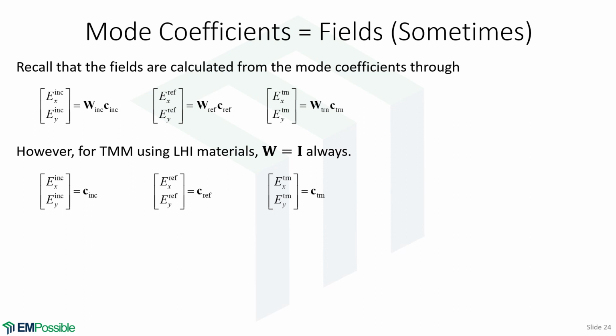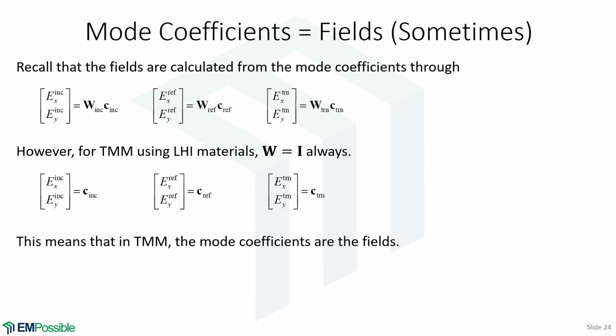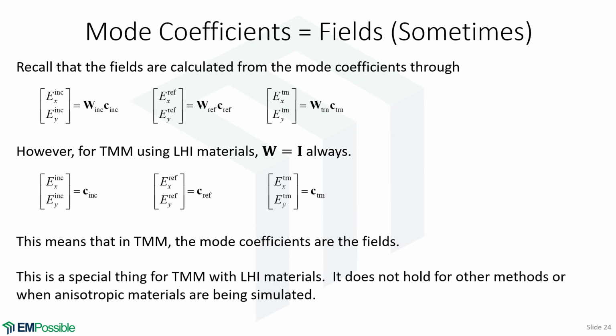They're the same thing in the transfer matrix method when we're handling isotropic materials. Now later on, when we get to rigorous coupled wave analysis, method of lines, or other things, this is not true. The mode coefficients are not the fields, and that's because the eigenvector matrix of the electric fields is not an identity matrix. So here, the mode coefficients are the fields. That's very convenient.